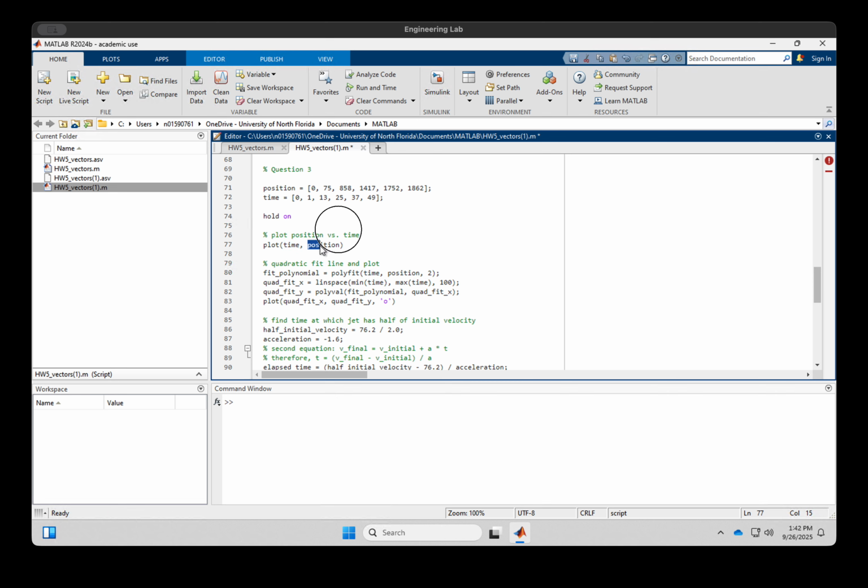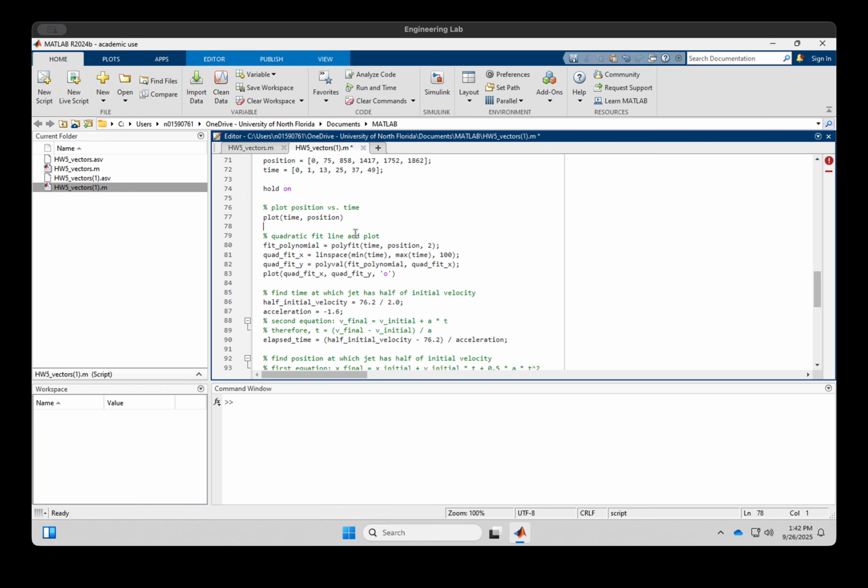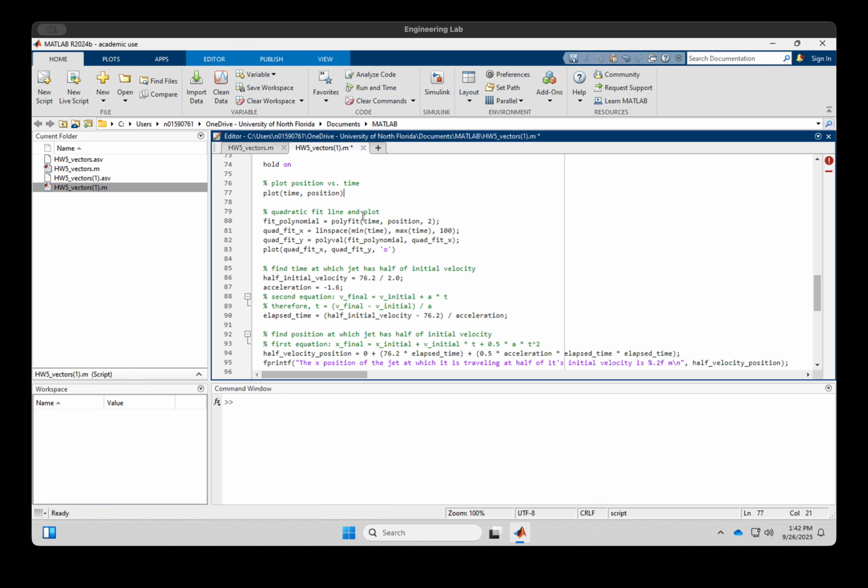For the parameter y, I'm passing in the argument position, which is this array. And then the function knows, okay, the user wants to plot. Since they passed in the argument time for the x parameter, that must mean they want to plot time on the x-axis and position on the y-axis.